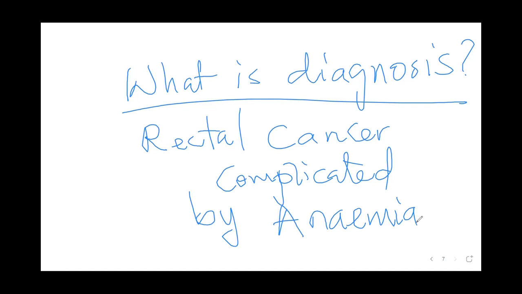This is the commonest question asked after taking a detailed history, okay? The next thing they may ask you: at what stage do you feel this patient is presenting? Is it an early disease or an advanced disease? Since it's already becoming a systemic problem, it's likely an advanced disease.